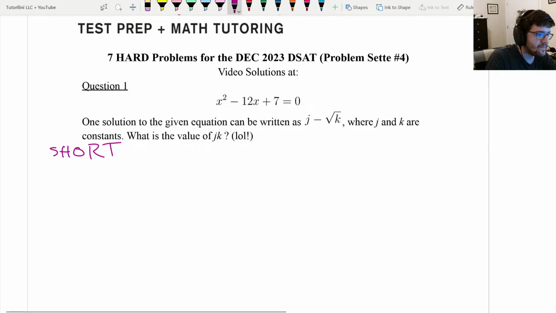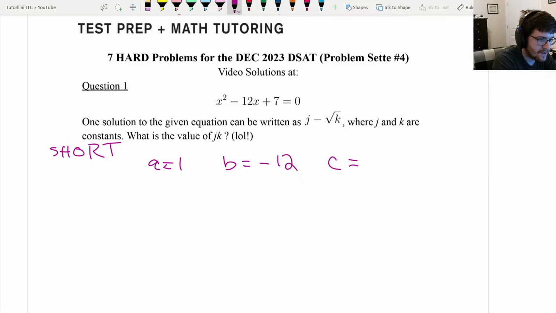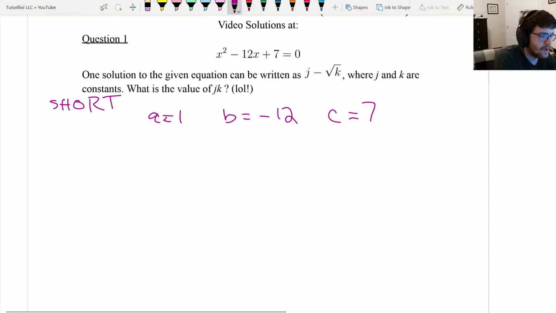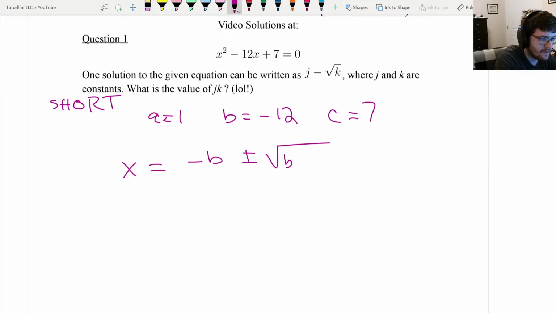So, first we're going to identify A, B, C. A is 1, B is negative 12, and C is 7. Next, we're going to write down the quadratic formula, which is negative B plus or minus the square root of B squared minus 4AC, all over 2A.